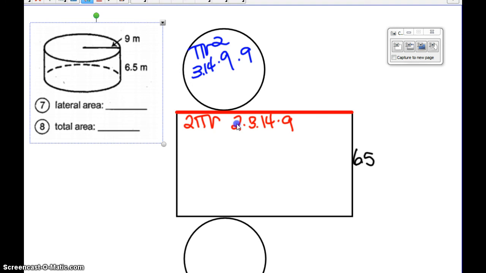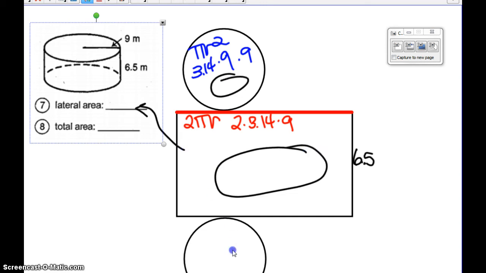So you're going to multiply 2 times 3.14 times 9. Get whatever you get there, then multiply it by your 6.5. That is your answer right here. So you're going to find this answer. That's your lateral area. Find this answer. This answer. What do you do with all three of them to get the total of your area?